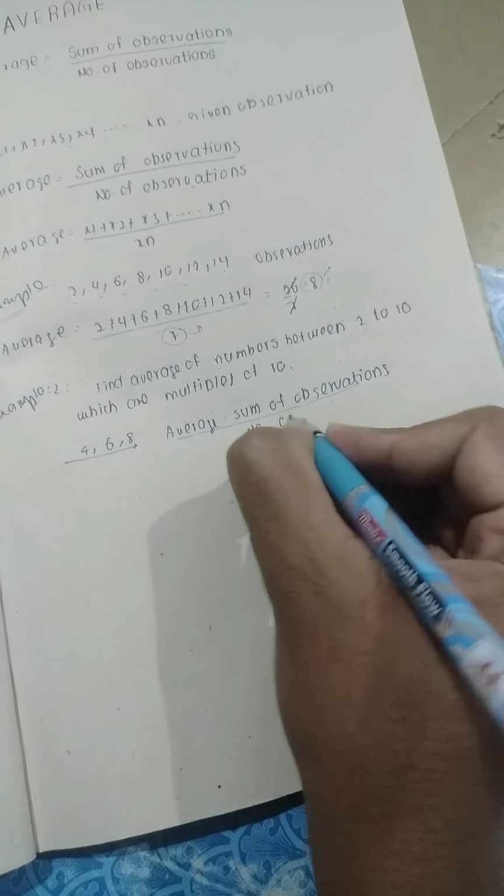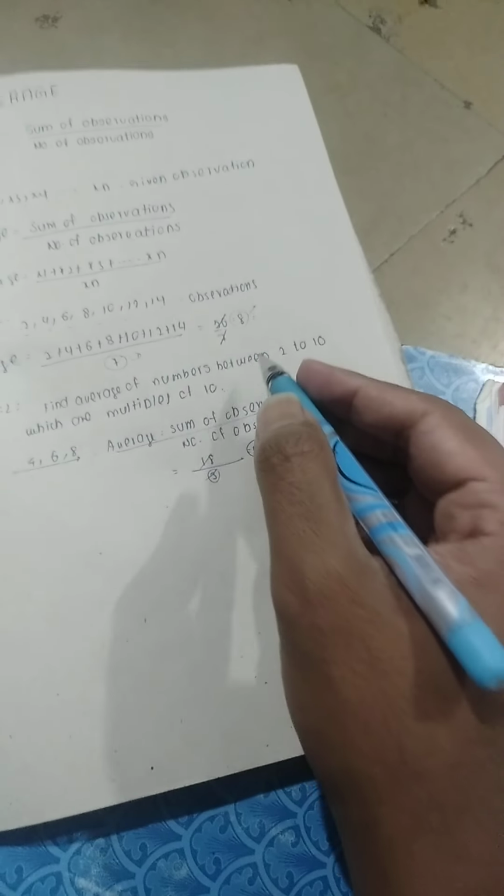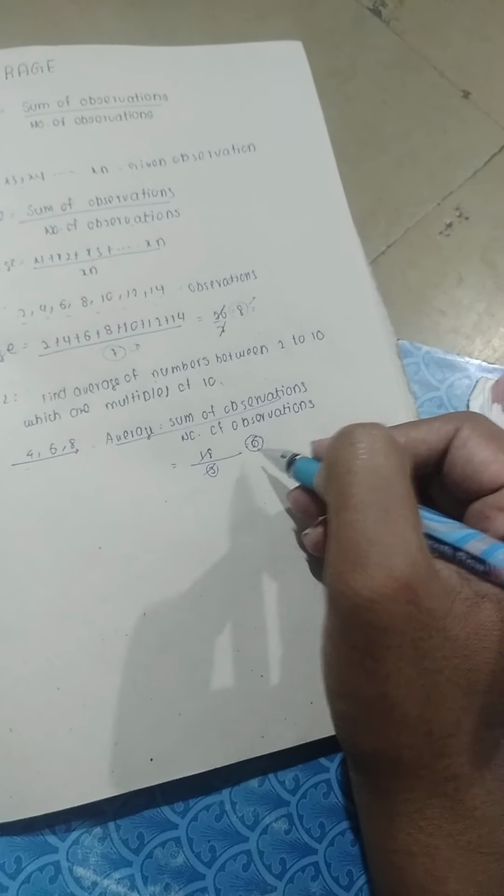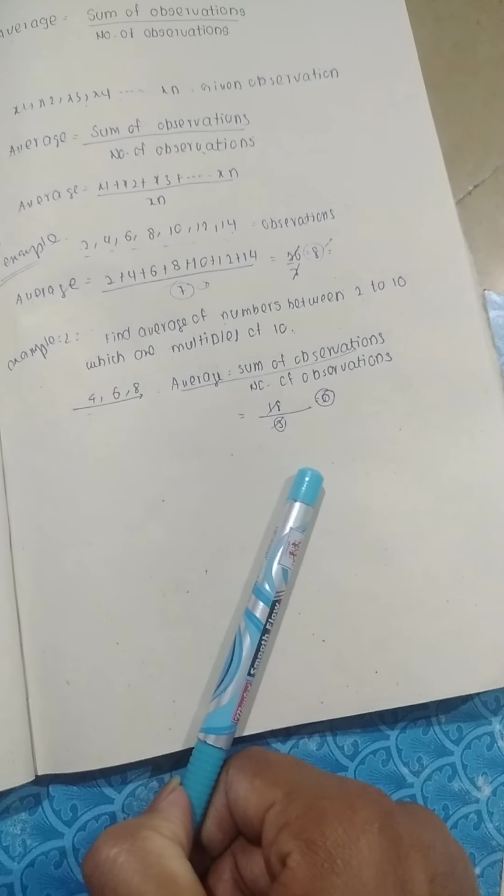Here there are 3 observations, so we do the sum: 4 plus 6 is 10, 10 plus 8 is 18, divided by 3, so write 3 in the denominator part. So the average is 6. The average of numbers between 2 to 10 which are multiples of 2 is 6. So these are the two examples which tell us how to do the average problems.